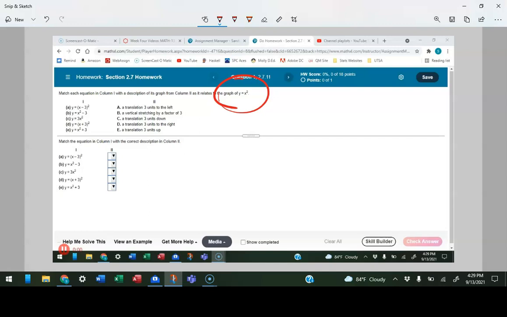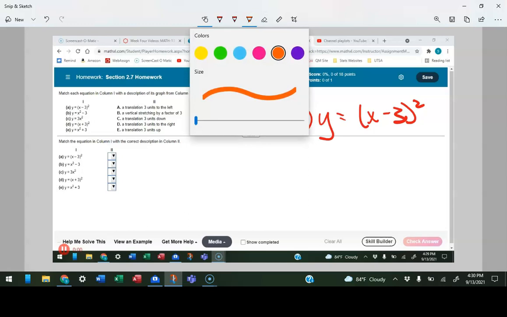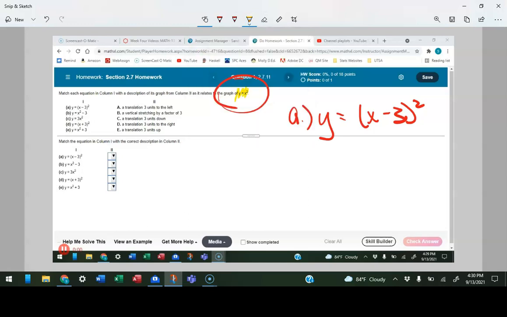So what's different? If I look at A, part A says that I've got y equals (x minus 3) squared. I notice that the only thing different between my original function, which is y equals x squared, and this one is that I've got a minus 3. If that minus 3 was gone, then I would just have my x squared. So what does that minus 3 do? Well, first of all, addition and subtraction is going to tell you it either moves up, down, or left, right.